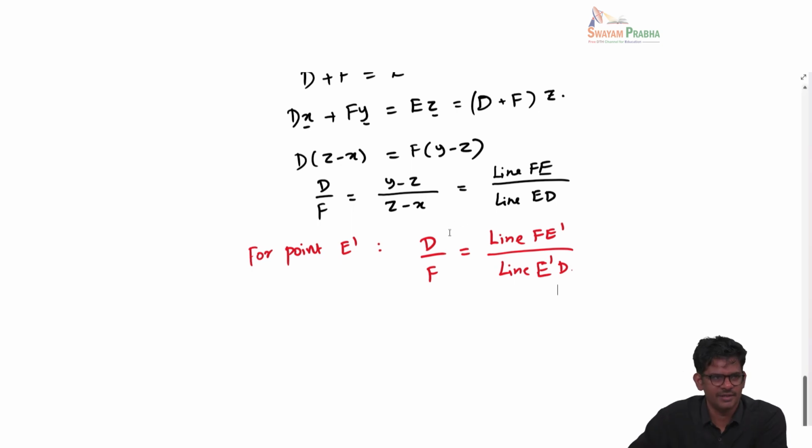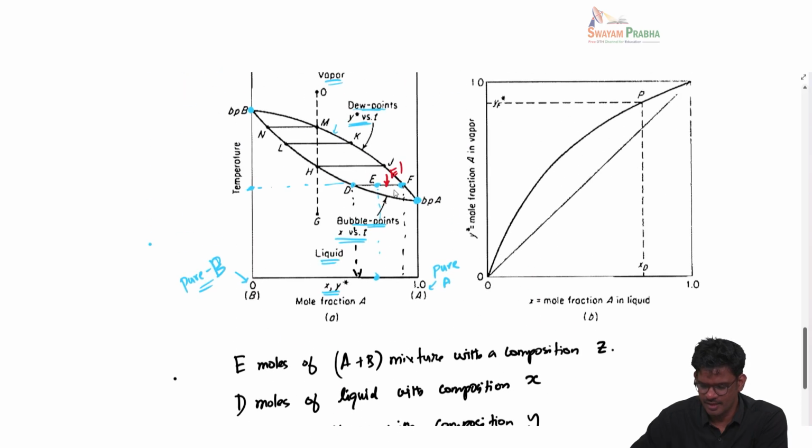Again, please check again. This D by F is given by this line length F E prime over D E prime. What has happened to this ratio? Has it increased or decreased? Decreased. So what does that mean? D has decreased, right? So D is what? D is liquid. Okay, so that has decreased and more vapor would have formed. So this relationship is useful in determining which is more and which is less.